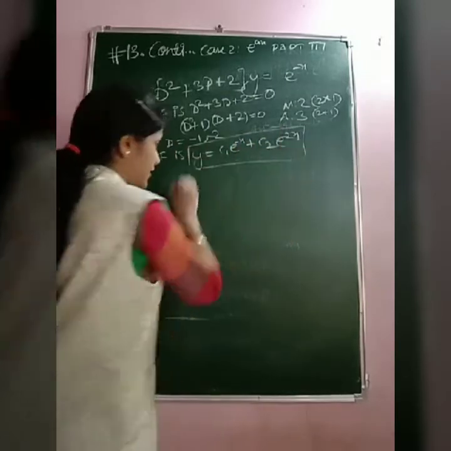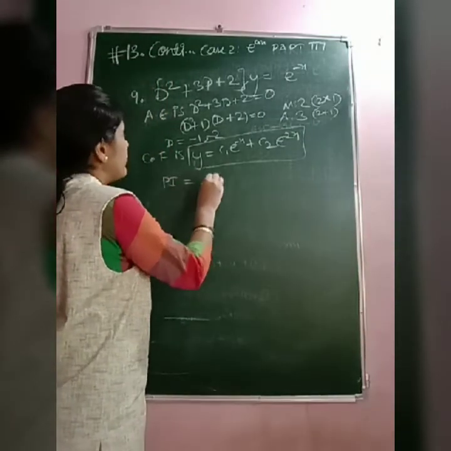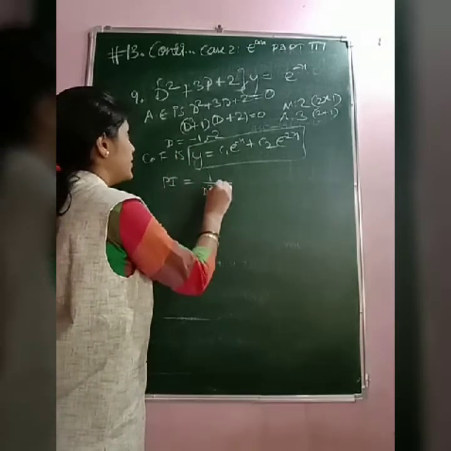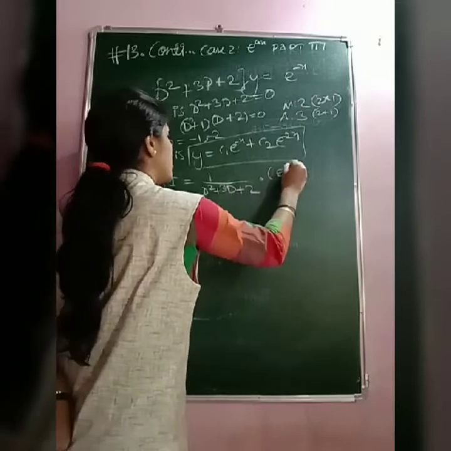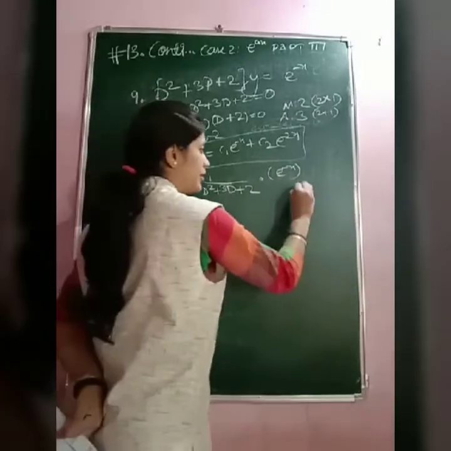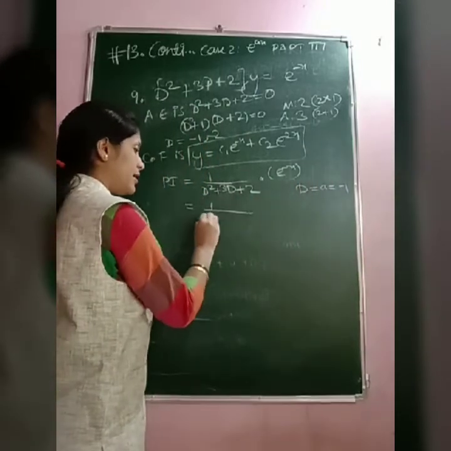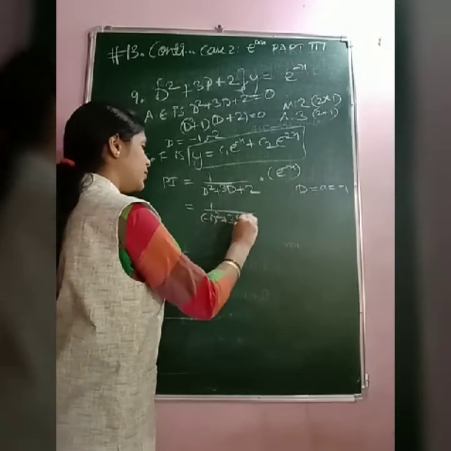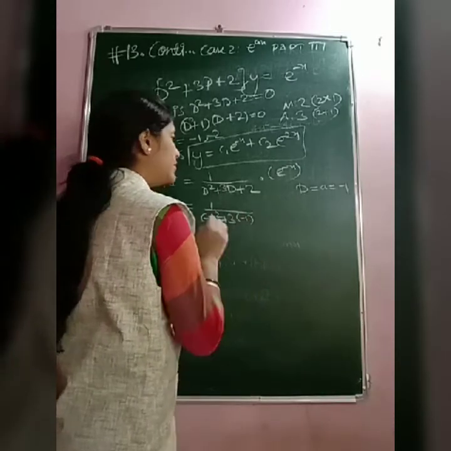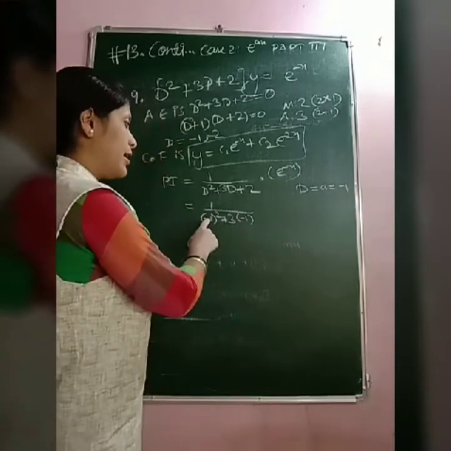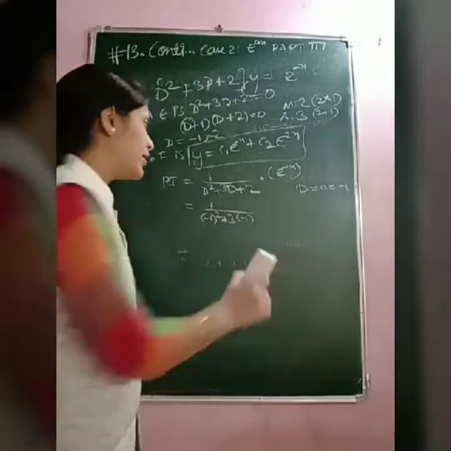This is our CF. Now let us find PI. PI equals 1 upon f(D), that is D² + 3D + 2, of e^(−x). So put D equal to a equal to −1. So that is nothing but 1 upon (−1)² + 3 into (−1) + 2. So what are you getting? 1 plus 2, 3, minus 3, 0. So what do we have to do here?